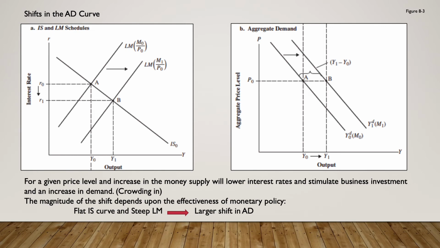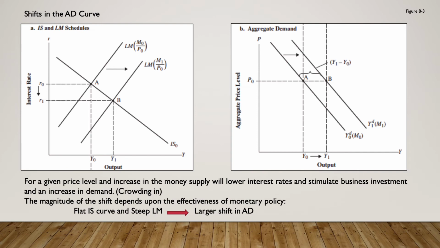So the question of whether monetary policy would be highly effective at influencing aggregate demand, the answer is yes if the IS curve is relatively flat and the LM curve is relatively steep. And this is, of course, the way that classicals view the ISLM and also the way that the monetarist school views ISLM. Both of them take it that money is highly effective at managing or influencing aggregate demand.